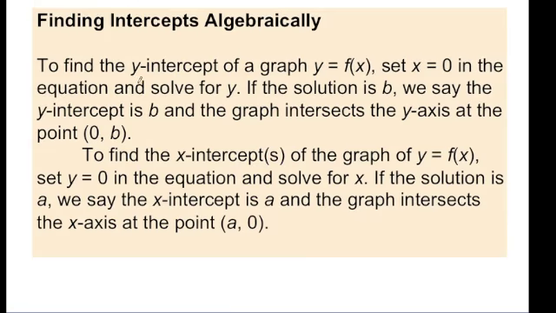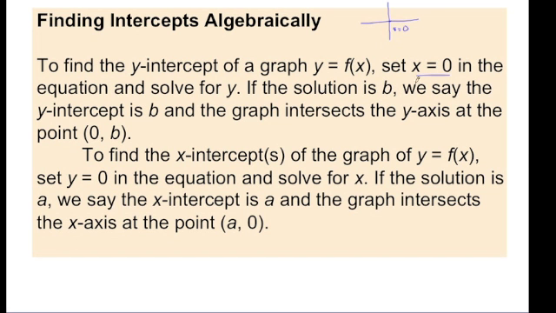Intercepts algebraically. To find the y-intercept of the graph of y = f(x), you let x = 0 in the equation and solve for y. The y-intercept, basically, we're looking for where does my function cross the y-axis? Well, where the y-axis is, x = 0 everywhere on that y-axis.